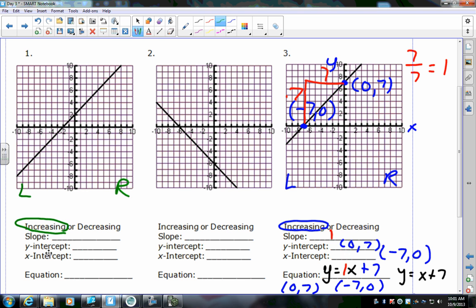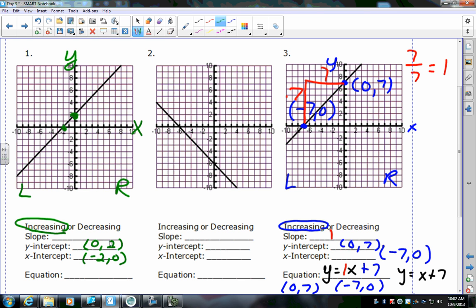So now I'm going to find my x and my y-intercepts. Some of you need to label x and y. I'm going to go on the y-axis and put a dot. That is (0, 2). Y-intercept has a number in the y spot. The x-intercept is right here. That is actually (-2, 0).